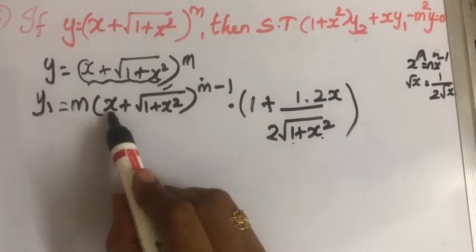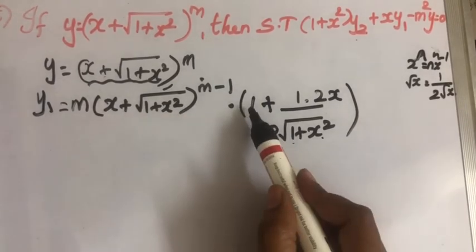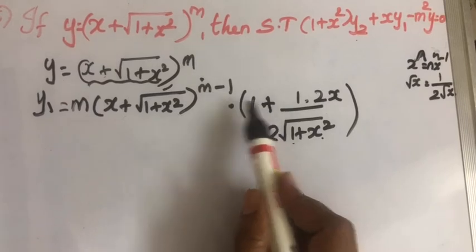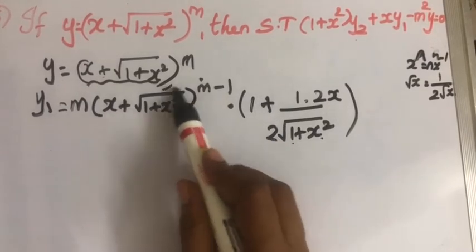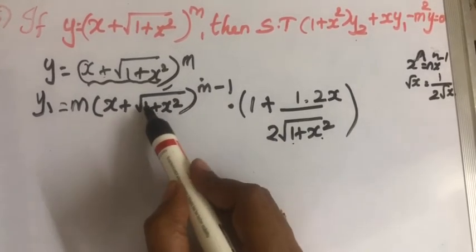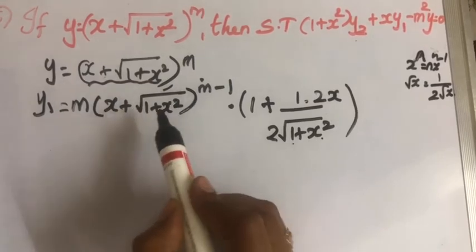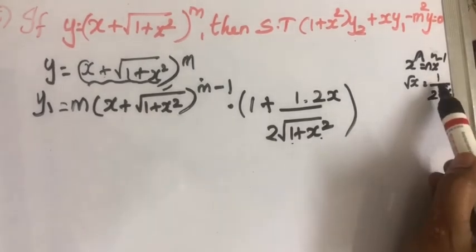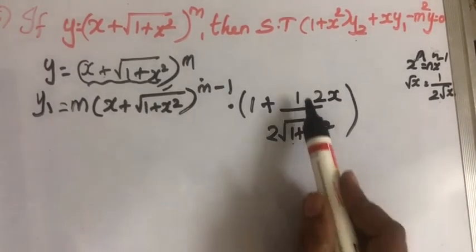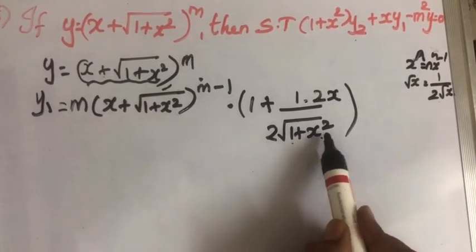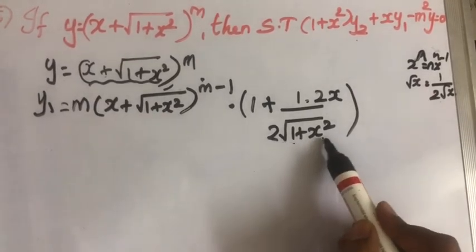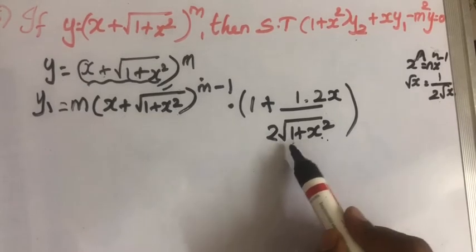The differentiation of 1 plus x is 1. So 1 plus the differentiation of the square root of the function: the square root of some function is 1 divided by 2 root of that function. So 1 divided by 2 into root of 1 plus x square. This part is written as it is. Now there is another function inside, so we need to differentiate that also.